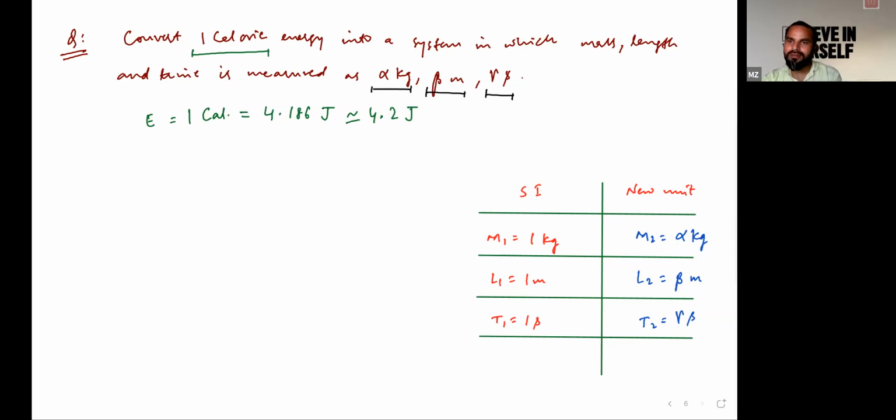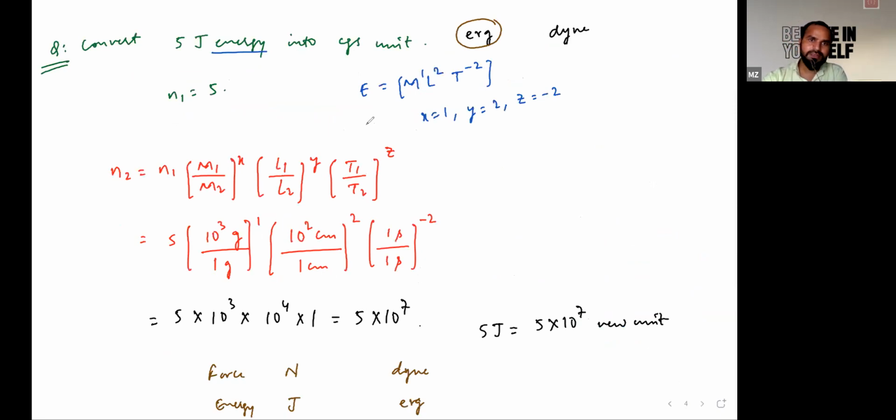Mohammed Umar, you can simply write all the terms in the numerator. Yes, Rishan. We have just done so many questions regarding this particular energy. Just see, energy is ML square T minus 2. So x would be 1, y would be 2, and z would be minus 2.